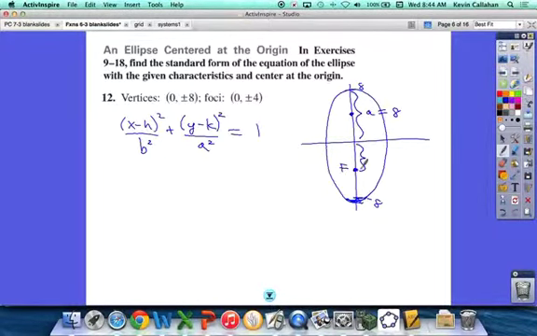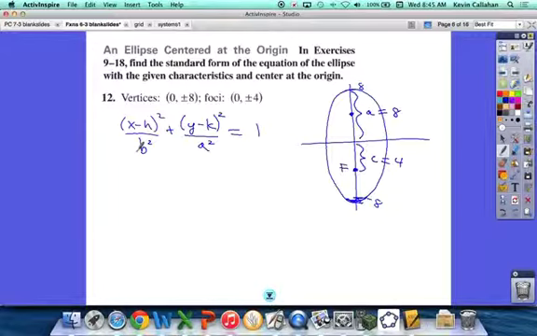What does that distance represent? It's 4. We've already defined the a. Is that the b or the c? It's the c. So by giving us the information that they did, they gave us the a and the c. But we don't need the c. We need the a and the b. So we've got to figure out the b.